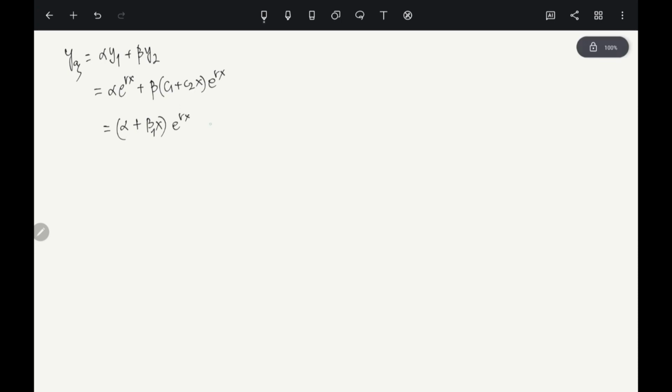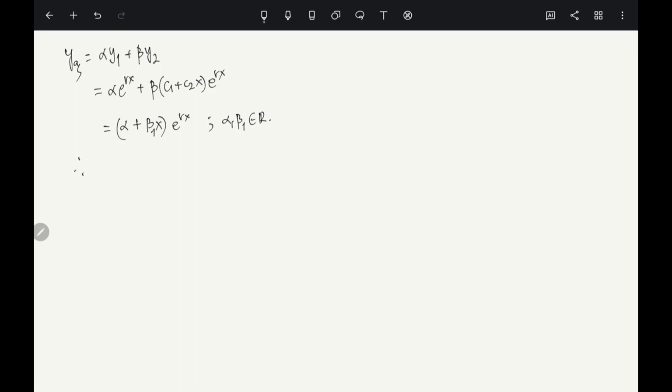So that is the general solution, where alpha and beta 1 are in R. So what is the general solution when both roots are the same and real? It is some constant plus another constant times x, times e power rx.